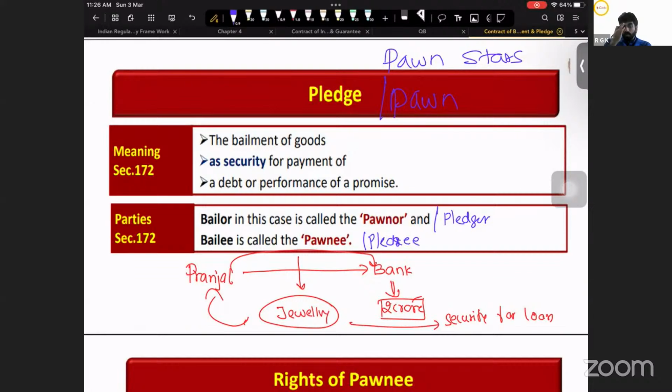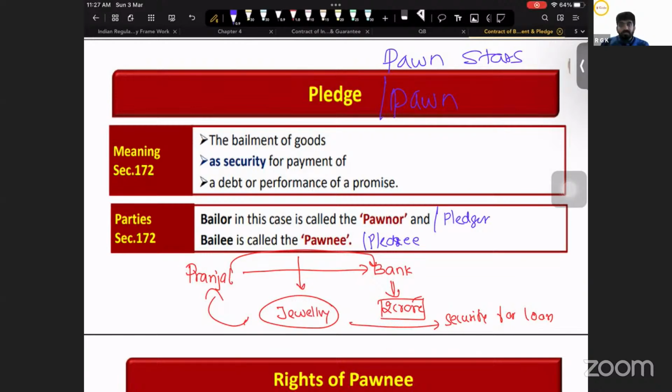If you observe all the special contracts that we have been discussing, everywhere we can find that parties will have a name, in the majority of the special contracts. First we discussed indemnity: indemnifier, indemnity holder.